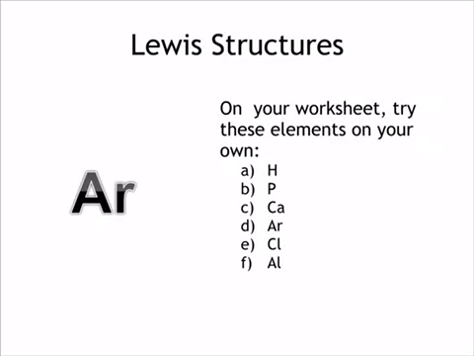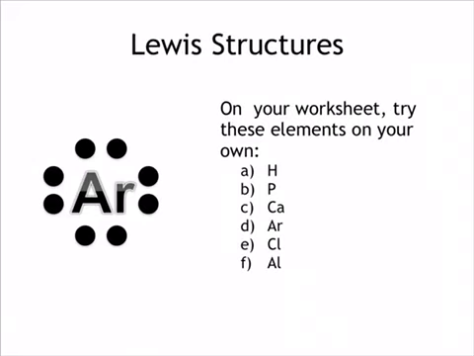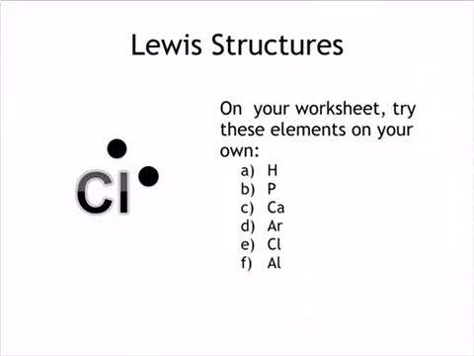Argon, it's a noble gas. 8 valence electrons. Go around clockwise second time. And then we're doing chlorine, 7 valence electrons.